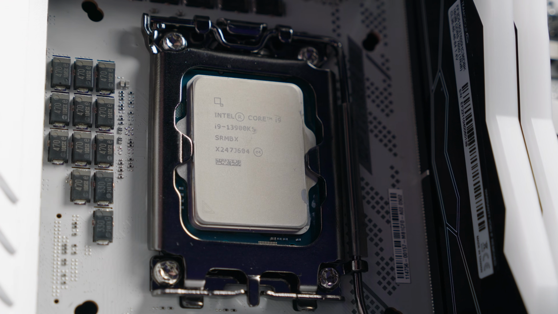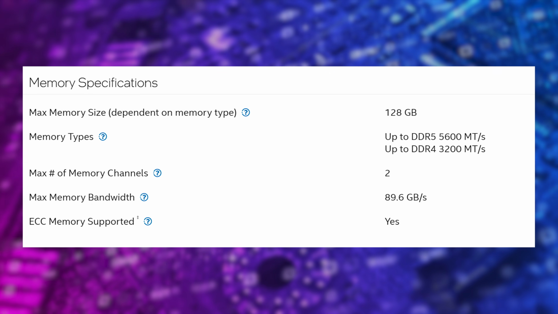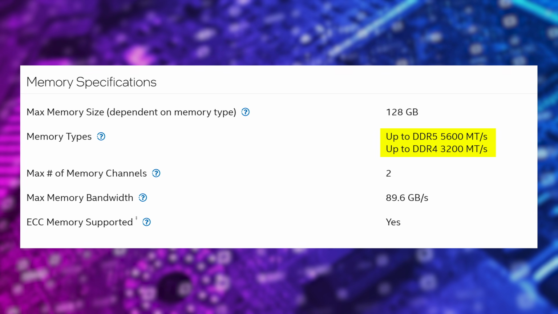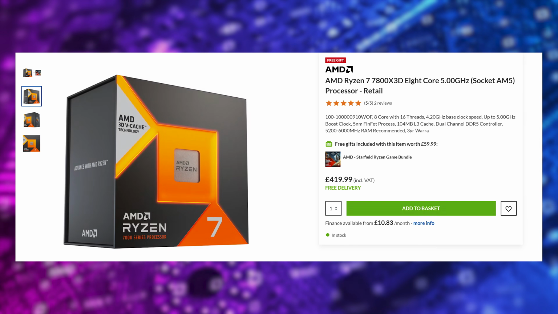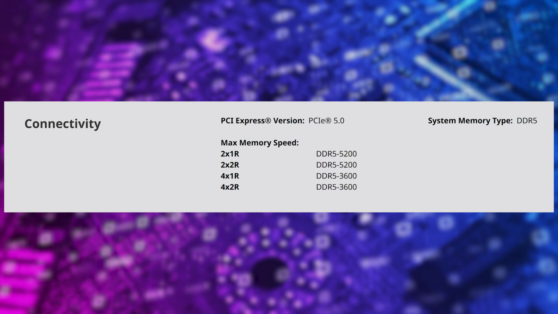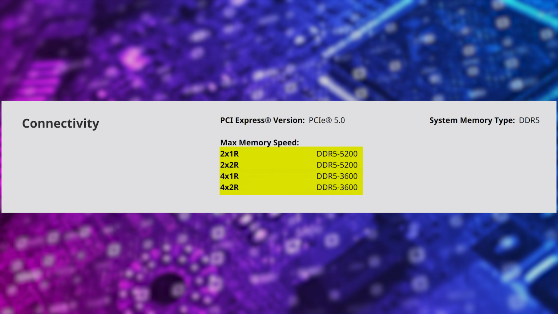For example, the i9-3900KS only officially supports up to a maximum speed of 5600 megatransfers or 5600 megahertz, less if more slots are populated. Meanwhile, the Ryzen 7 7800X3D only officially supports up to 5200 megatransfers or 3600 megatransfers if 4 slots are populated. This is very important to know when looking at higher speed RAM kits, and it's also a cause for confusion and potentially frustration when it comes to achieving those higher speeds.